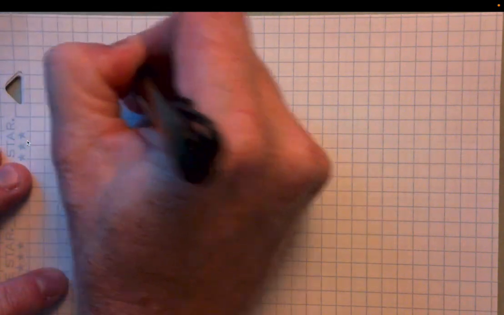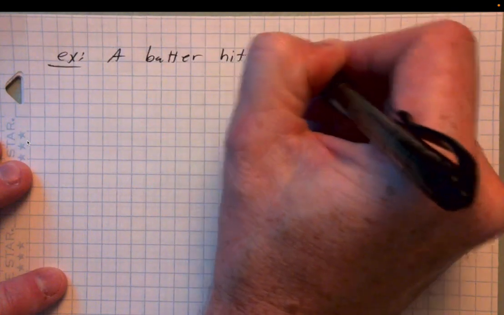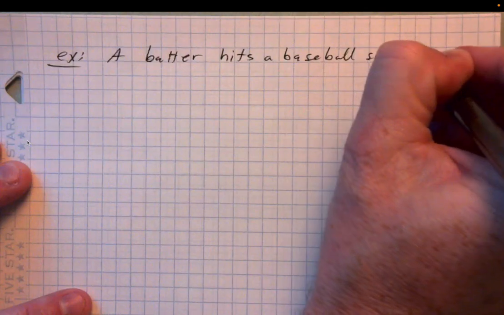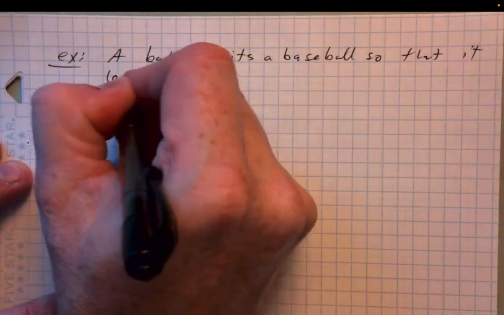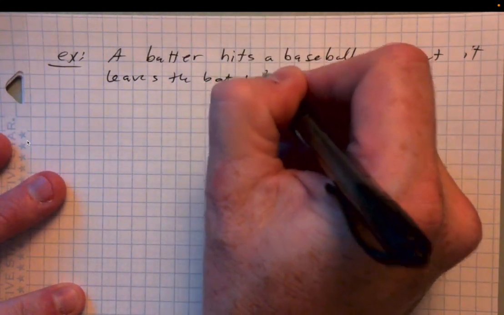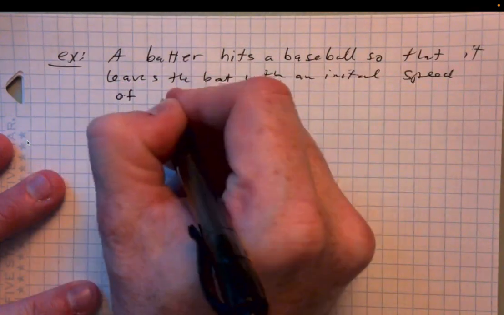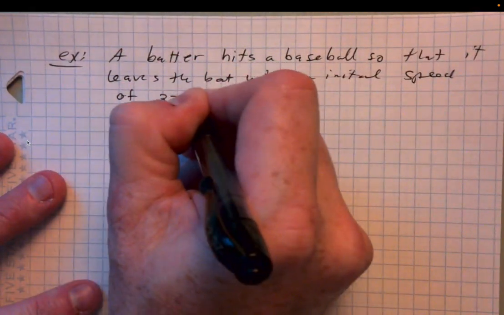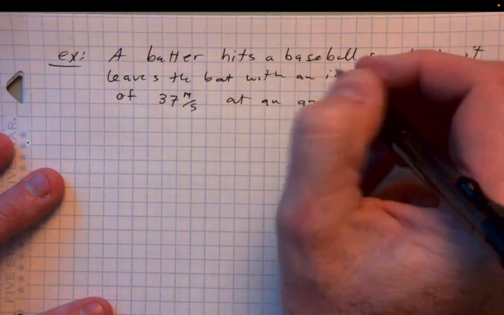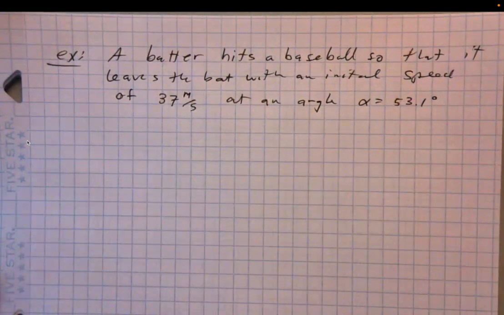So a batter hits a baseball so that it leaves the bat with an initial speed of 37 meters per second at an angle alpha equals 53.1 degrees. Okay.